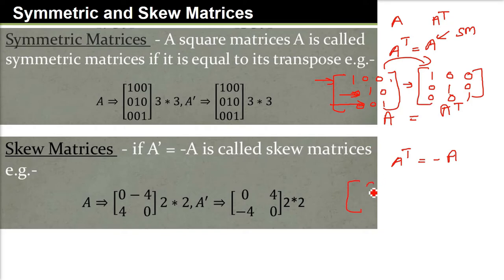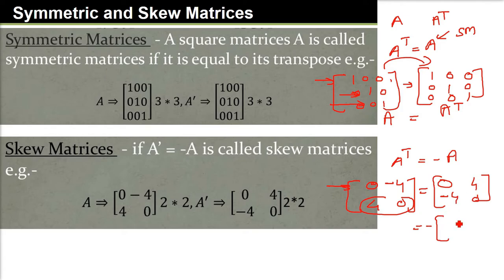Now I'm taking a second example: 0 negative 4, 4 0, rows to columns. The first row, 0 negative 4, I'm converting to a column, 0 here, minus 4 here. The second row, 4 and 0, I'm making it a column, 4 0. Now they are not similar. But if I take a negative outside, multiplying every element by negative 1, you get 0 negative 4, 4 0.